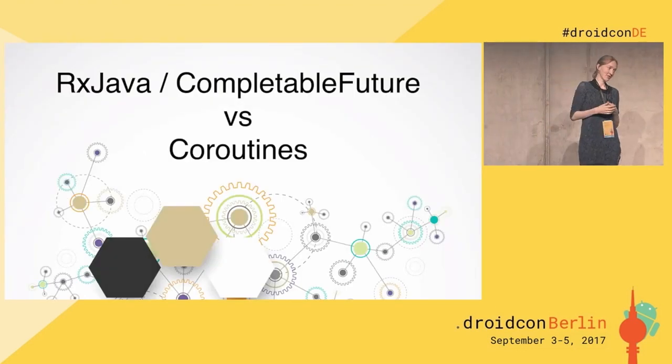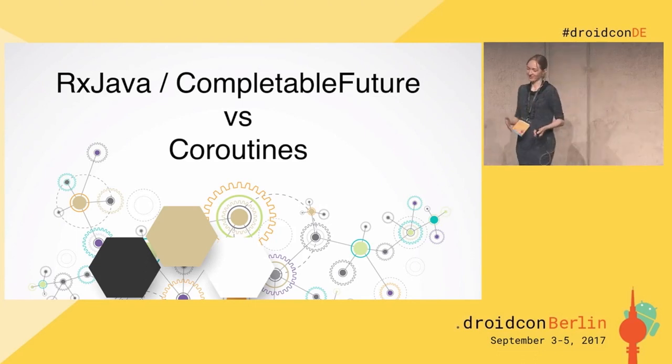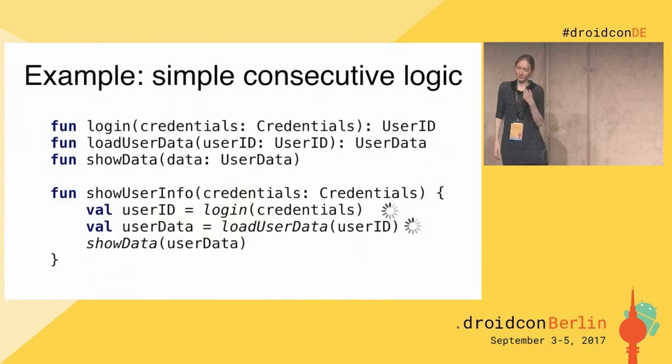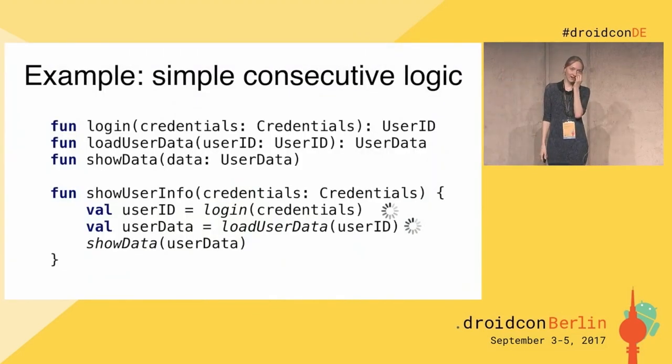I expect this question, so we have like 5 more minutes, and I expect you to ask, what about RxJava? We now want to use RxJava, and how does it interact with coroutines? I want to illustrate my answer with the same example that we used so far. So we had this code.